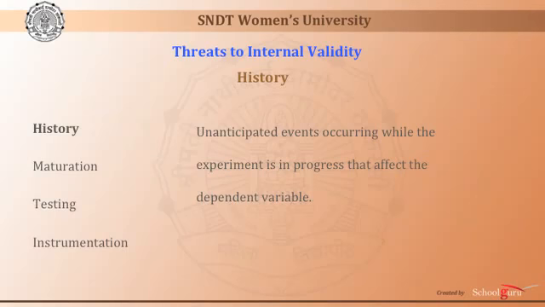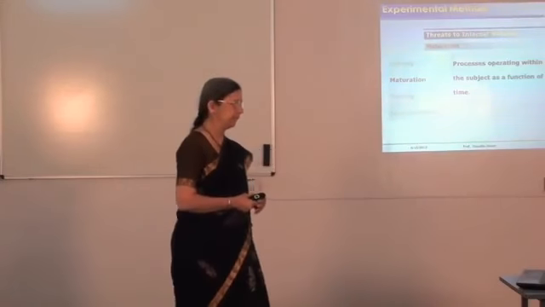So it will affect either the experimental group or the control group, which means the dependent variable itself is affected. Threat means a negative impact or negative effect on our dependent variable.